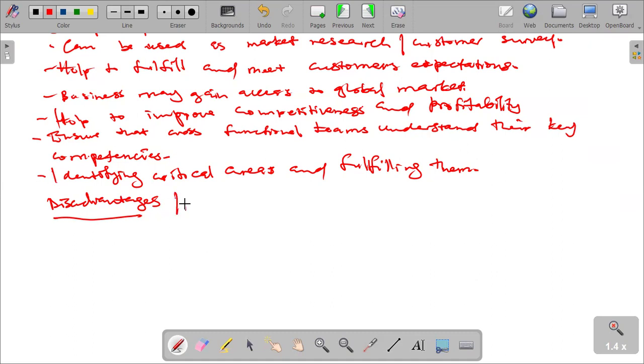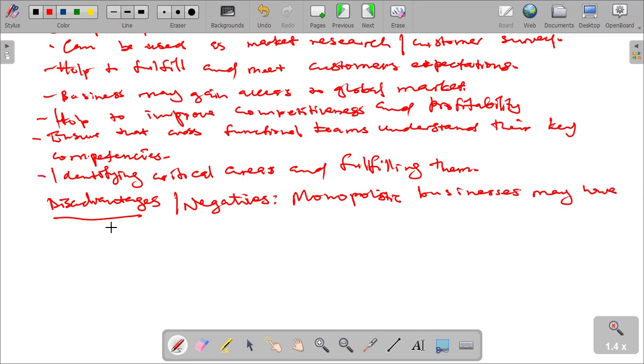One, monopolistic businesses may have an increased bargaining power.